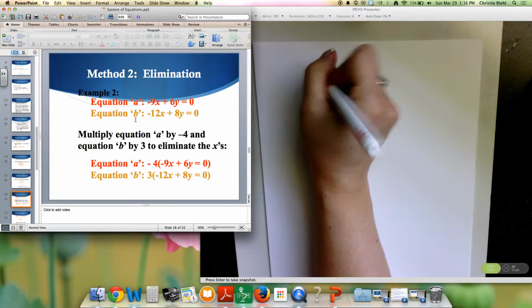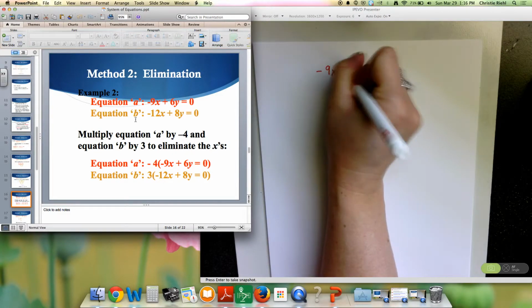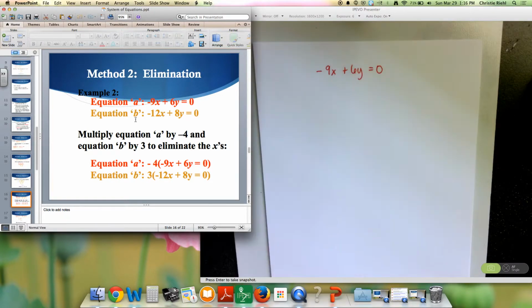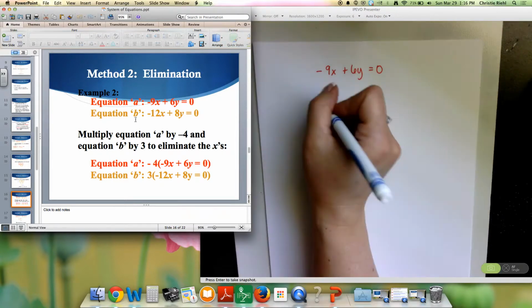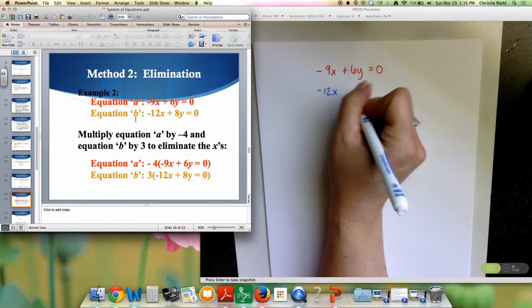And our first equation is going to be -9x plus 6y is equal to 0. And our second equation is going to be -12x plus 8y equals 0.